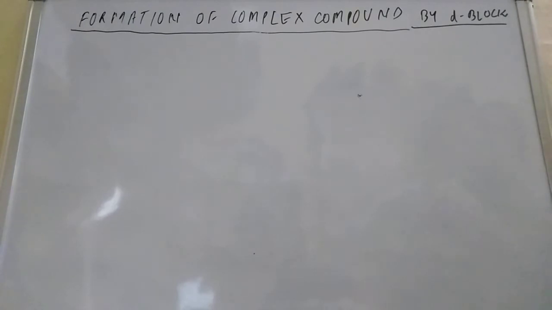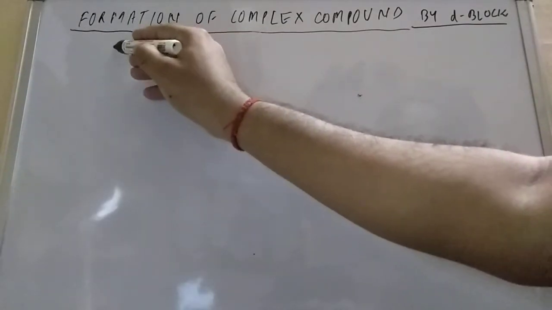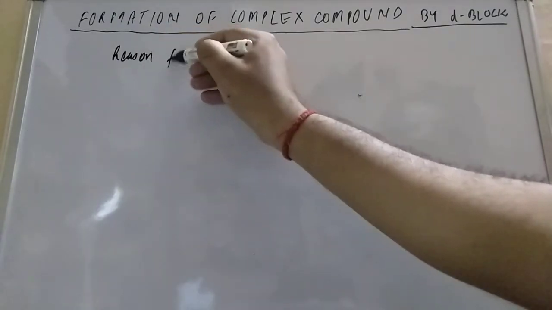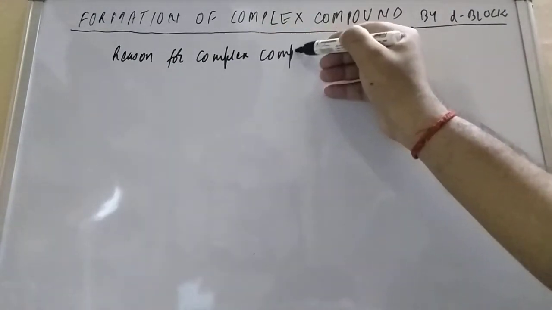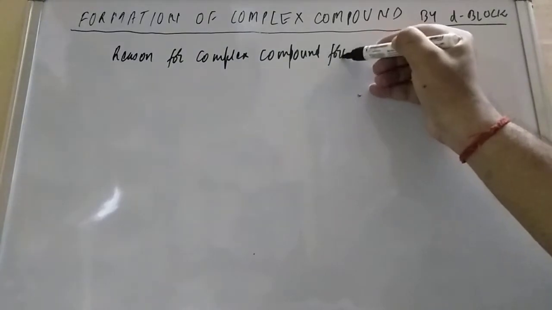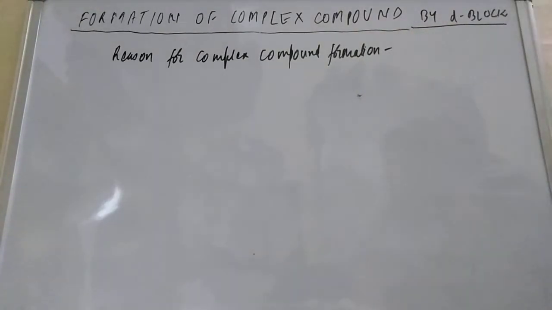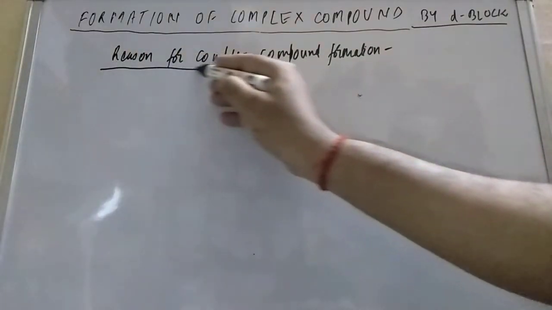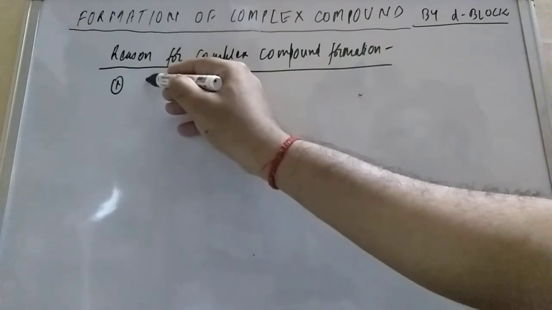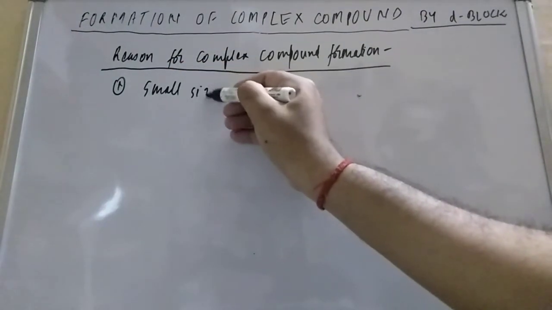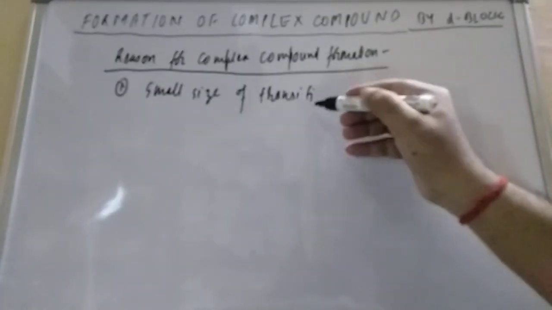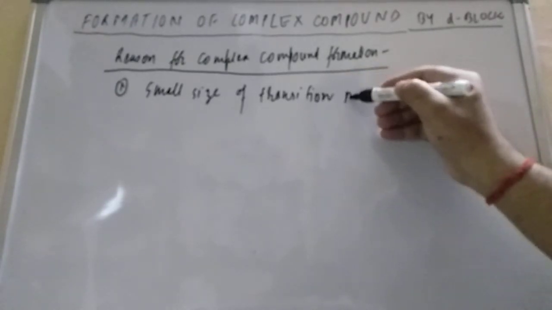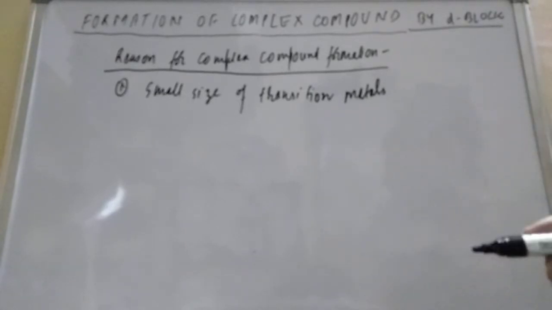And there are also some conditions. Let us try to understand the reasons for complex compound formation. The first reason is the small size of transition metals. All these metals have small size.